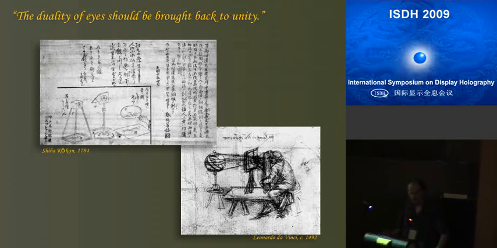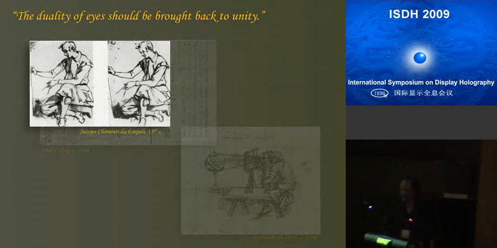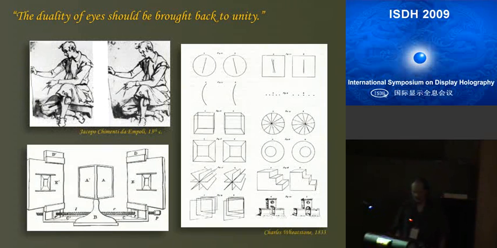And this is interesting because it's the same thing with stereoscopy. We know that the first stereoscopic drawing dates from the 13th century, excuse me. There was no stereoscope, or stereoscopic viewer, so they used free viewing to see that.